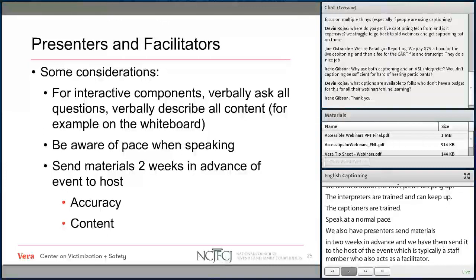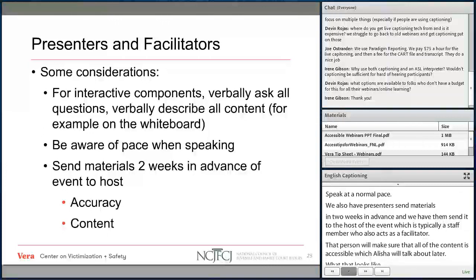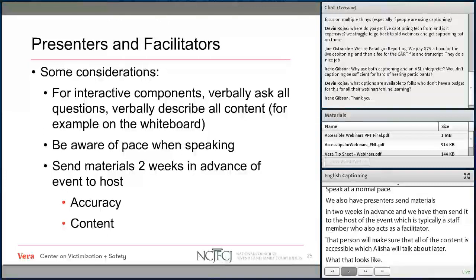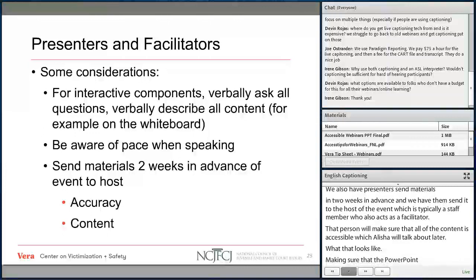Making sure that the PowerPoint presentations are accessible, making sure that all of the language is appropriate, making sure that all of the pictures have alt text, that links are appropriate. Also, we can then send the PowerPoint and other materials to the ASL interpreter and to the captionists in advance, which they always appreciate as well.